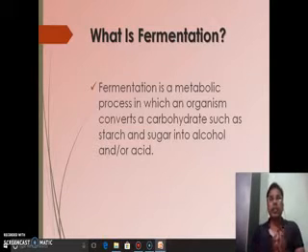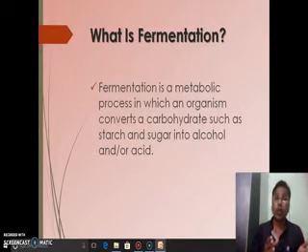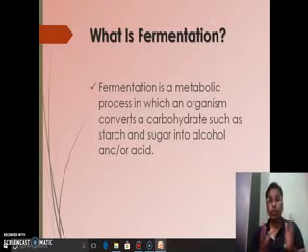It means that we have to keep in our mind, the fermentation is the metabolic process carried out by the microorganisms, and these microorganisms convert the carbohydrates such as starch and sugar, means the lactose, into alcohol or the acid. So this process is called fermentation.